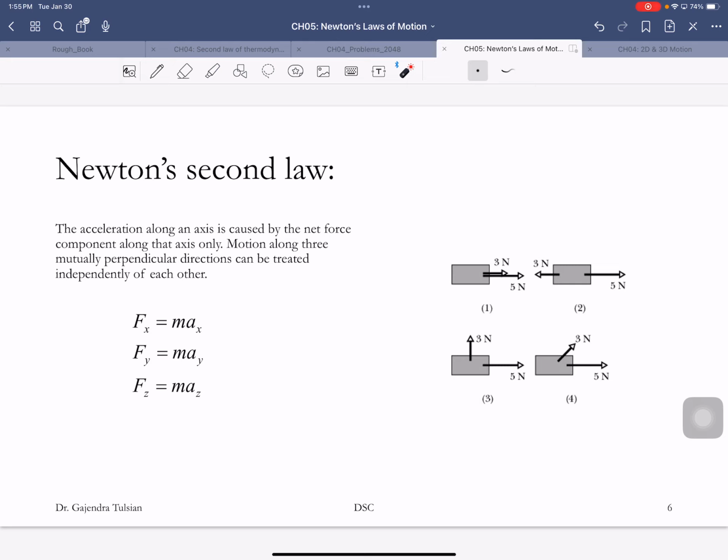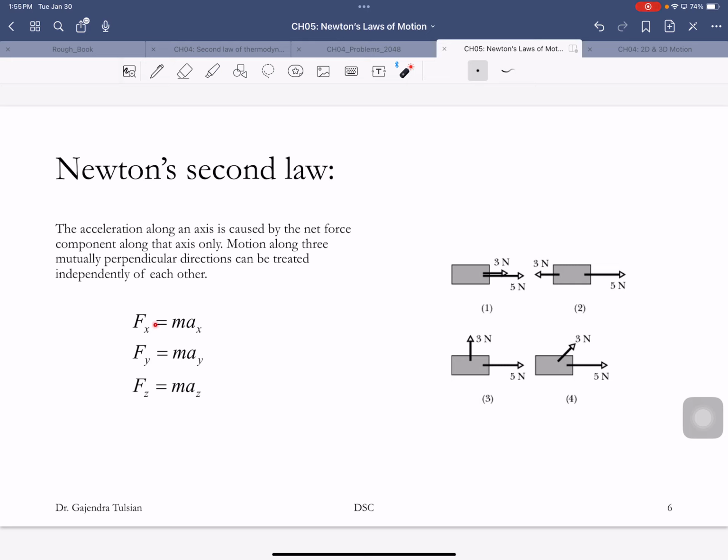Now here's another thing I want you to notice about this. If you apply a force in the x direction, you only affect motion in the x direction. A force applied in the x direction will not affect the motion in the y and z direction.